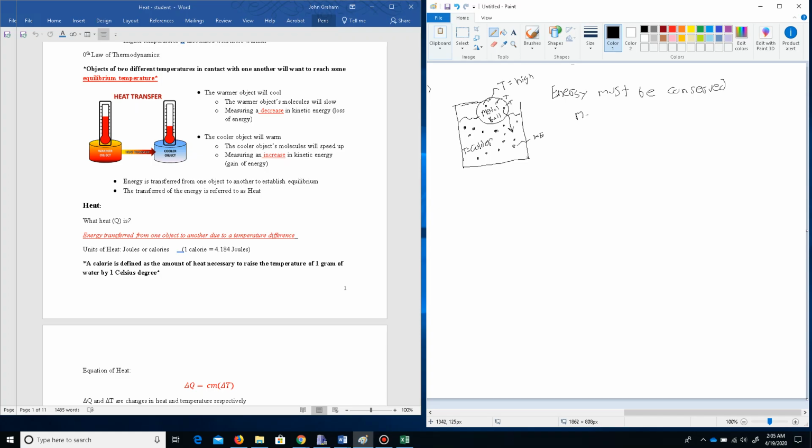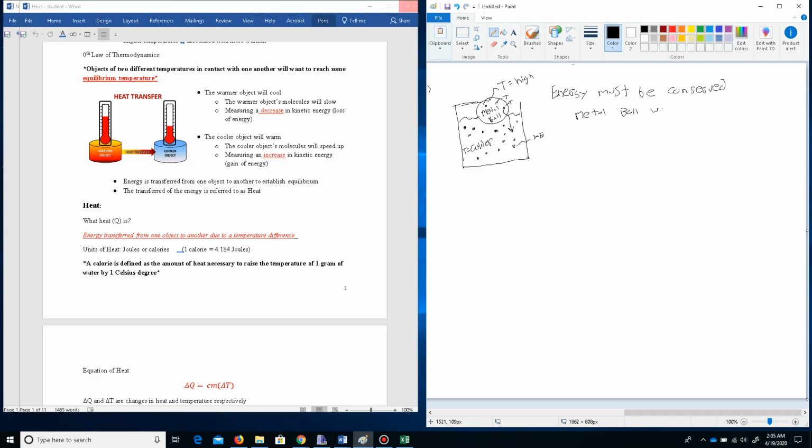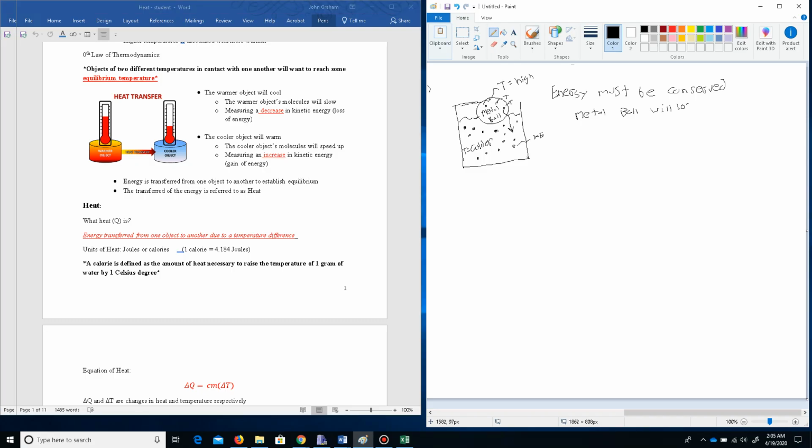So this metal ball will lose energy, and let's say the amount E. And this liquid will gain E amount of energy.